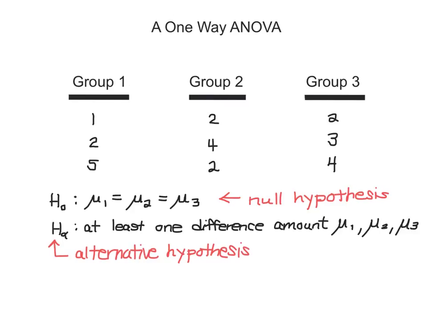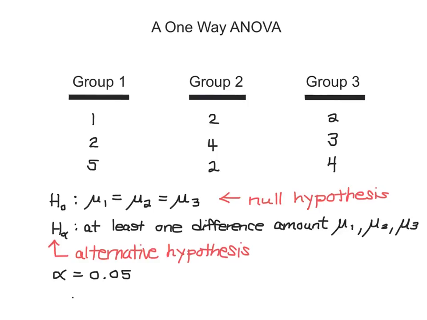The next thing we need to declare is our alpha level, which is really the level of our accuracy. Generally it's 5%, so we'd say 0.05, which gives us a 95% confidence interval.